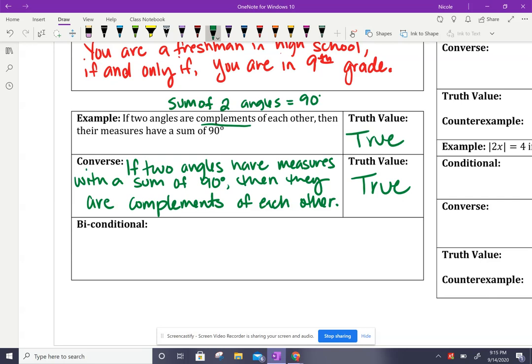Now, remember, not every example I'm going to give you can be written as a biconditional. So please be mindful of that.